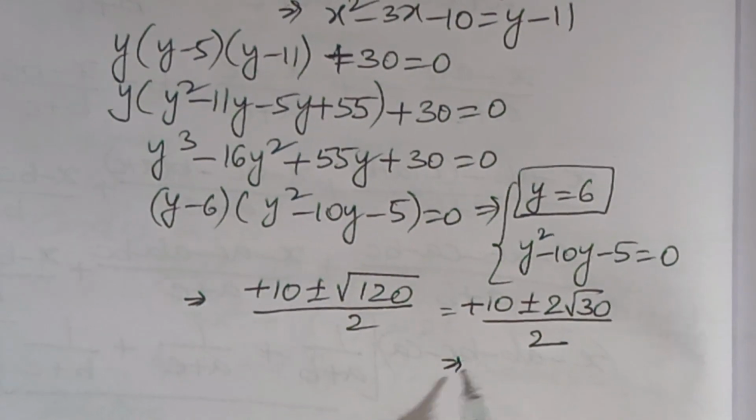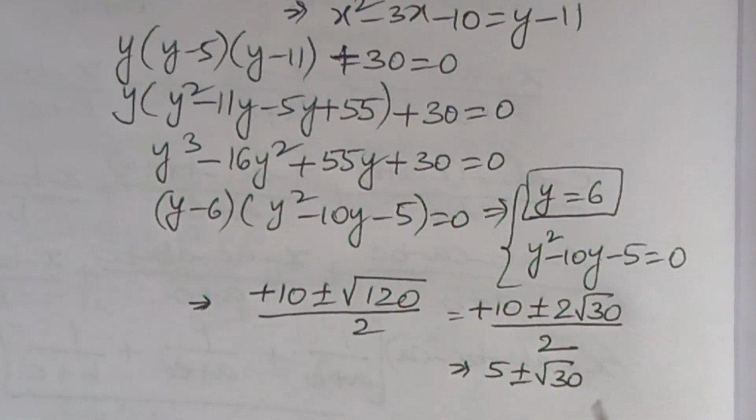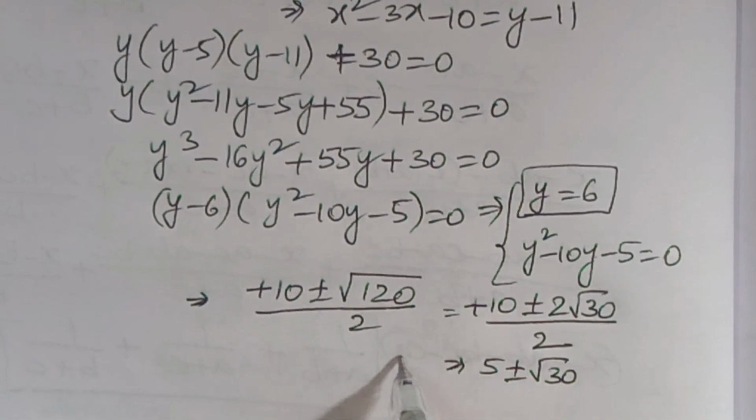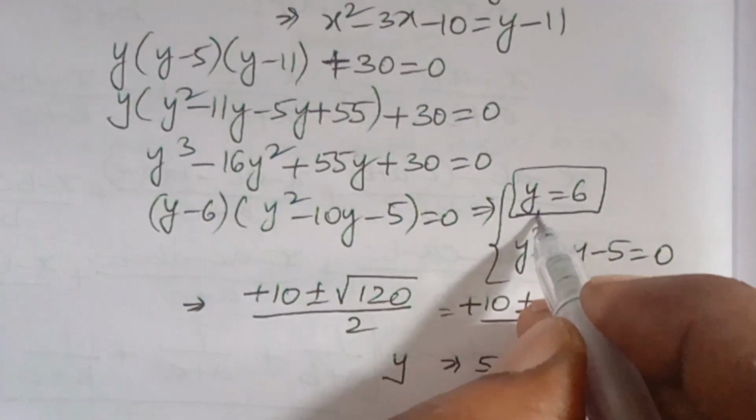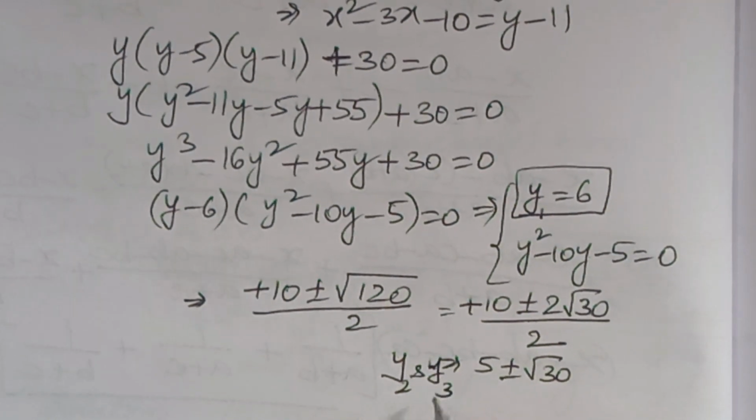So this can be written as 5 plus or minus root 30. So these are the values of y. Call them y1, y2 and y3.